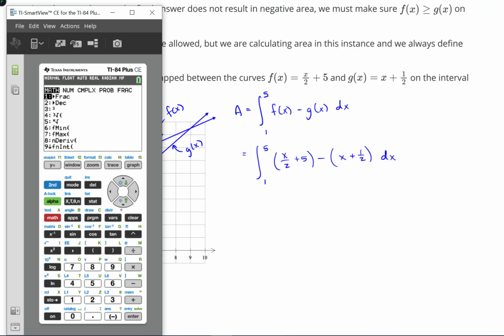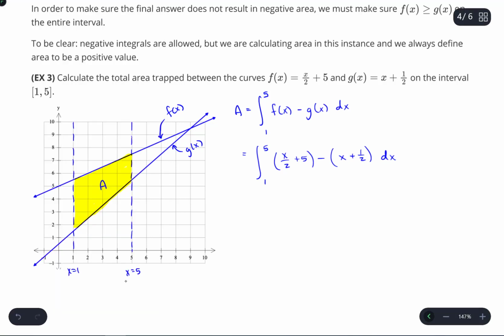If I go under math and then hit 9, which gets me fnInt, lower bound and upper bound, no problem, those were just given. Inside my integral here, I would need to take x over 2, oh, not x minus 2, x over 2, plus 5. And then the thing is, it's really easy for students to get in trouble with this minus here, because it's in front of a set of parentheses, which means the distributive property takes over, and it needs to make sure it distributes to both pieces.